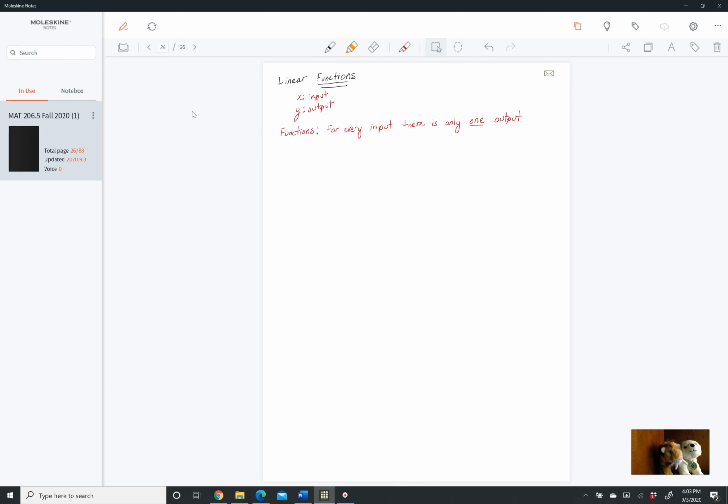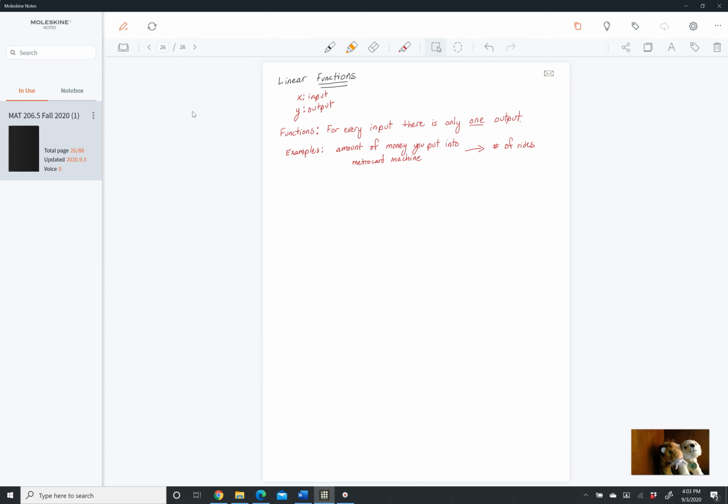So this is one example. Amount of money you put into the Metro card machine, and then what comes out would be the number of rides.